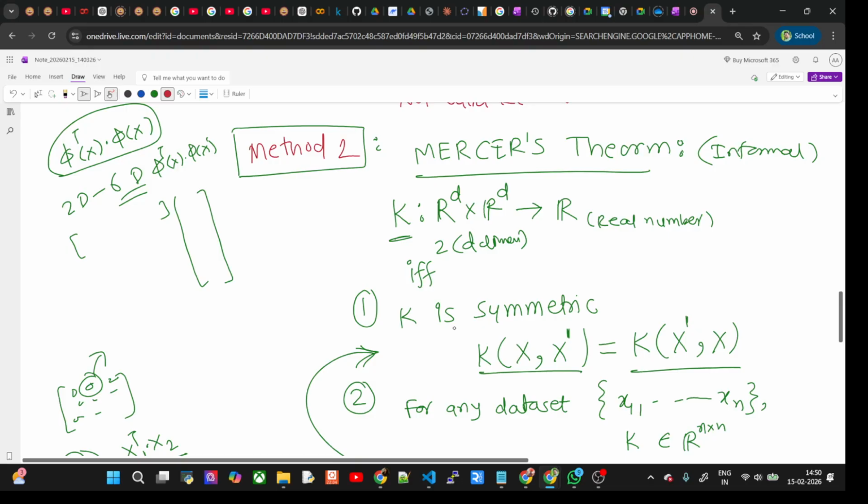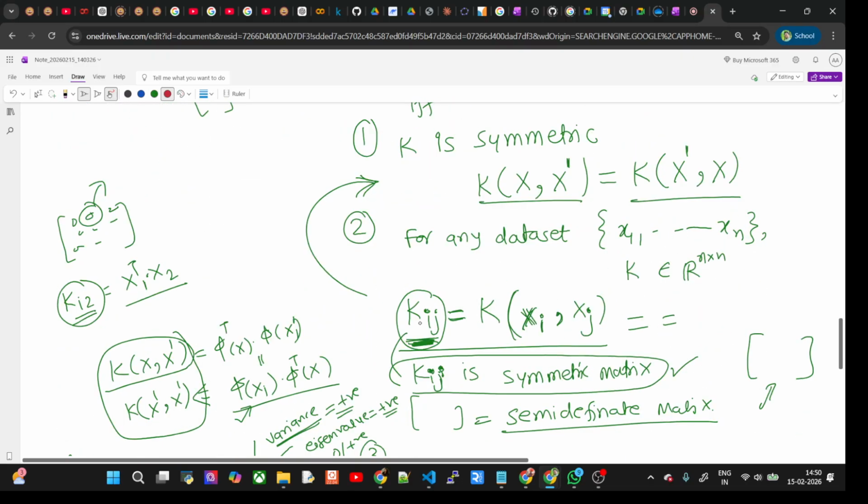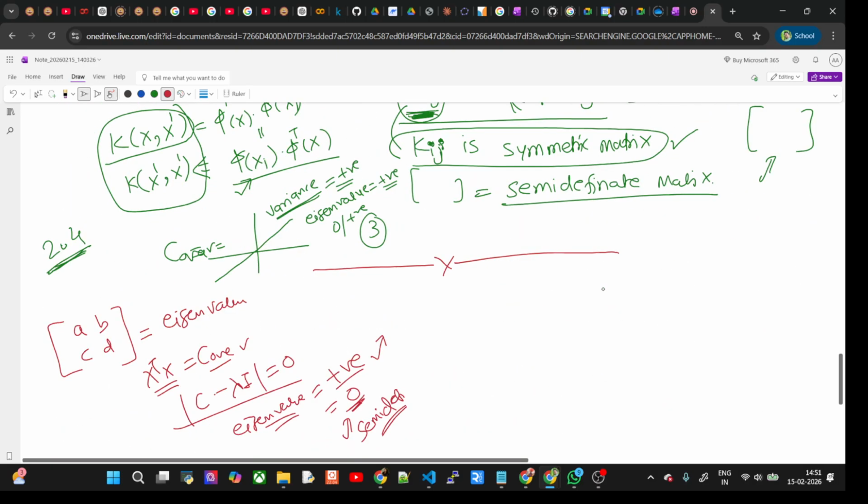If you get the matrix Kij by putting xi and xj into that kernel, and that matrix is also a symmetric and semi-definite matrix, then after 1 and 2 pass, you will say this is a valid kernel by using Mercer's theorem.